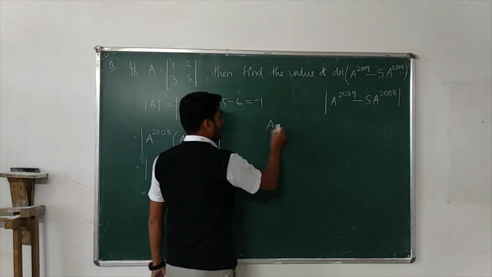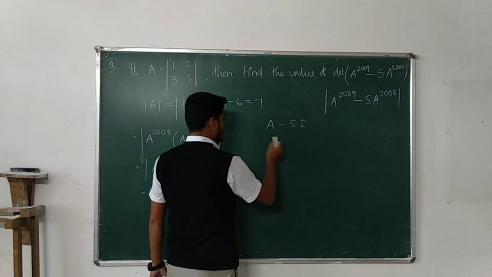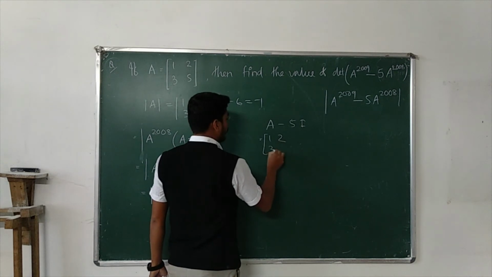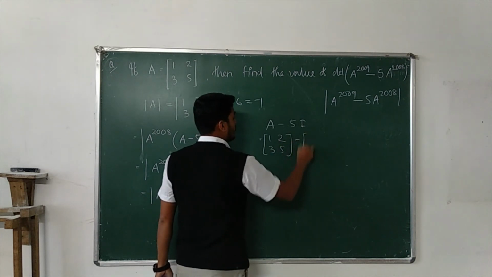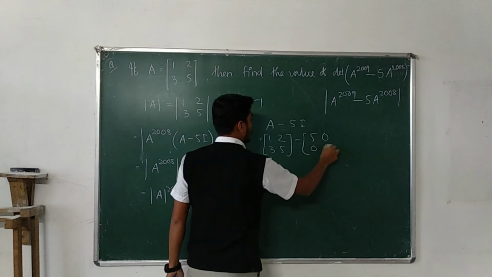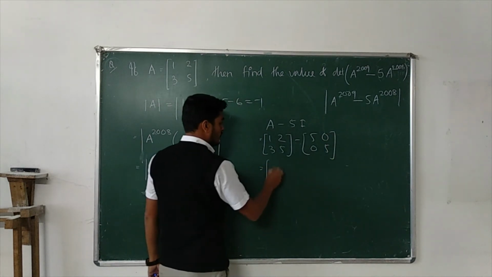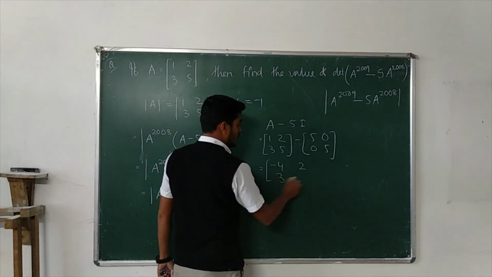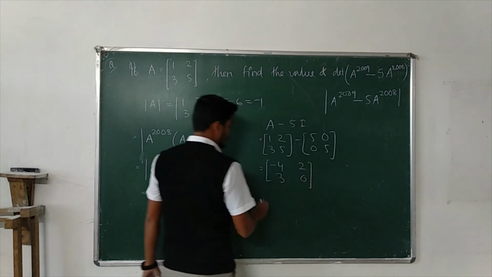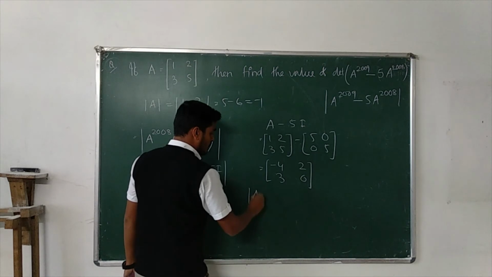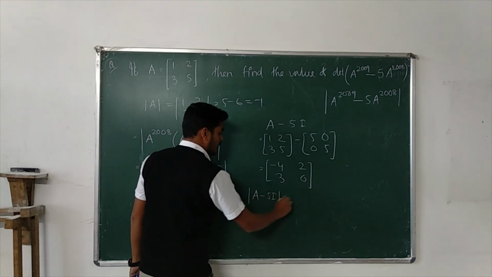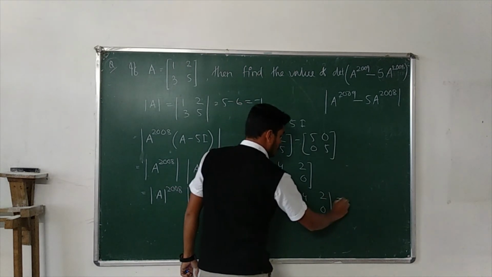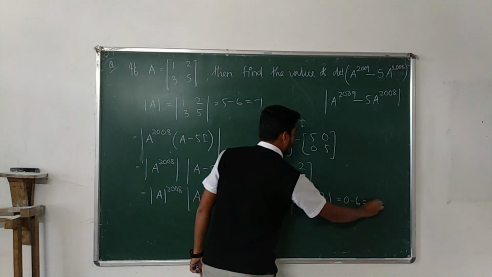So A minus 5i, what will be the expression? A means 1, 2, 3, 5, and 5i means 5, 0, 0, 5. Then what will be the difference? It will be 1 minus 5 which is minus 4, 2, 3, 0. Then the determinant of A minus 5i is the determinant of minus 4, 2, 3, 0, which is equal to 0 minus 6, which is minus 6.